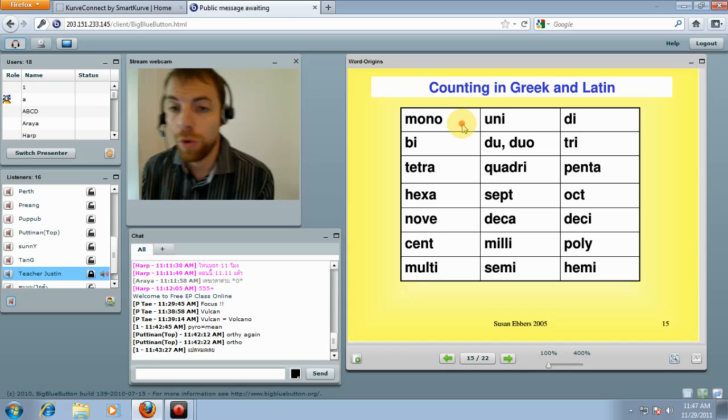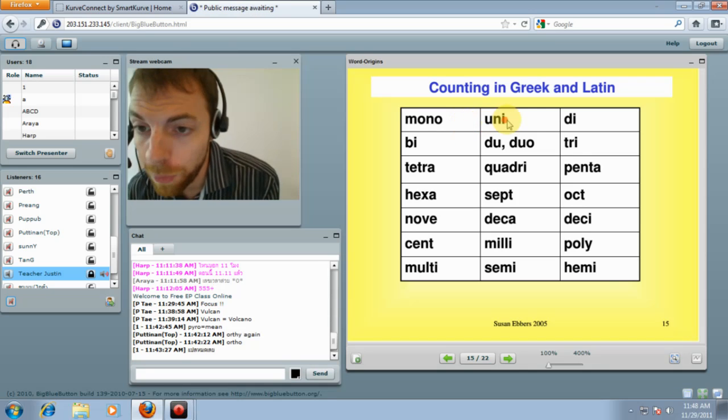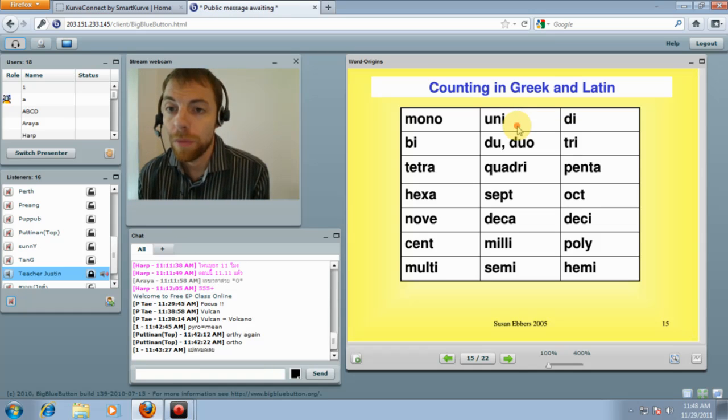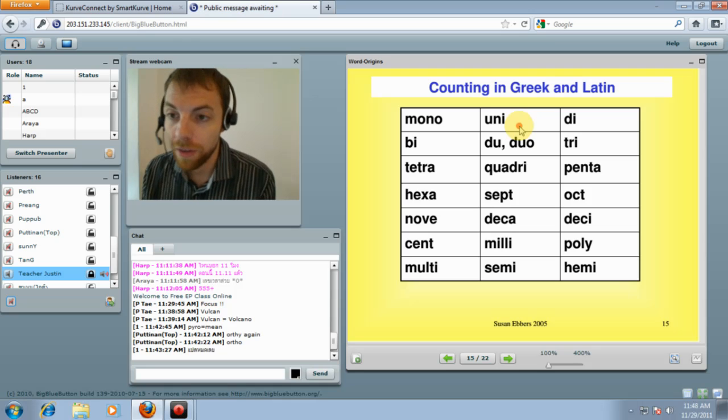So someone who is monotone speaks with one tone of voice. Next one, uni, also means one. So if you ride a unicycle, it is only one wheel and a seat.